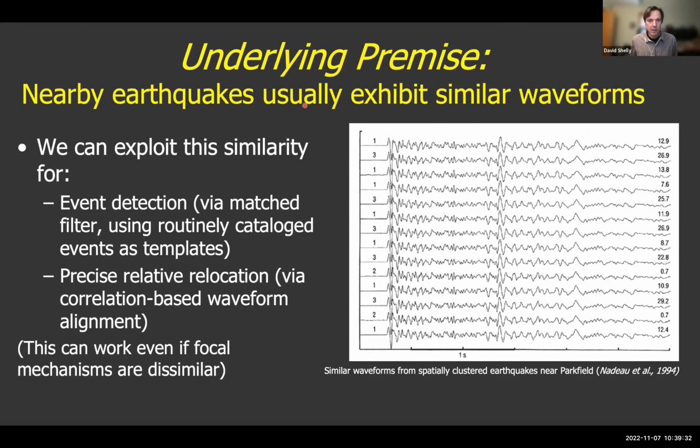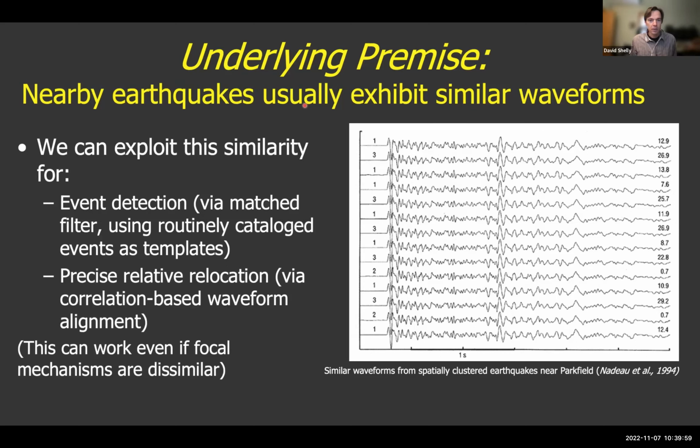The reason for this is because most of the complexity that we see at high frequencies for micro earthquakes is not complexity in the source process, it's complexity from the wave propagation. And in particular, much of the complexity comes from near the receiver.